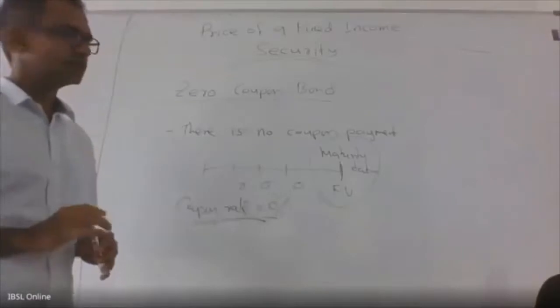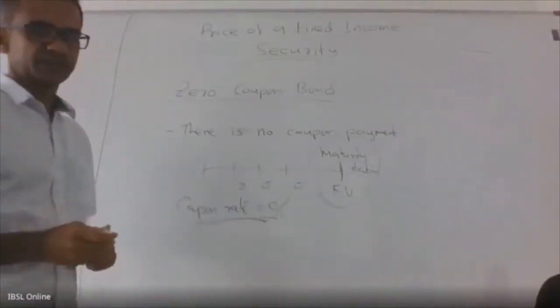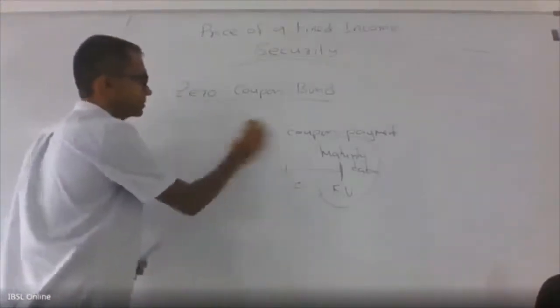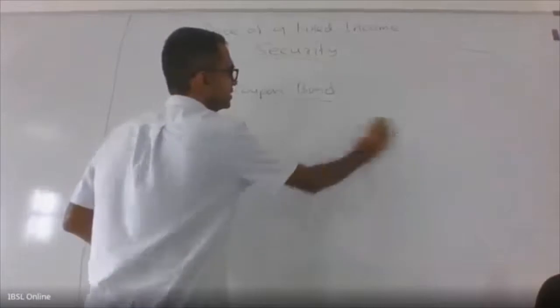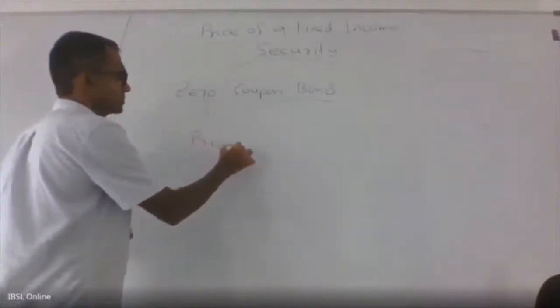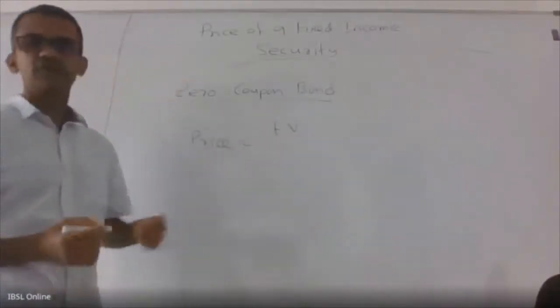No cash flows before the maturity date. So then what is the price? It is easy. You have only one cash flow, that is the face value.